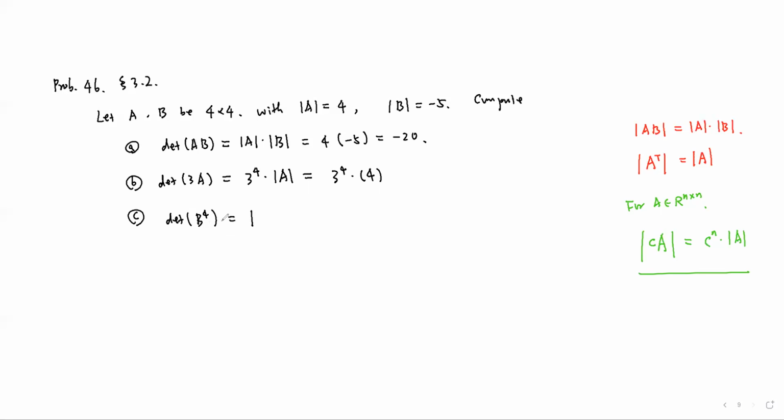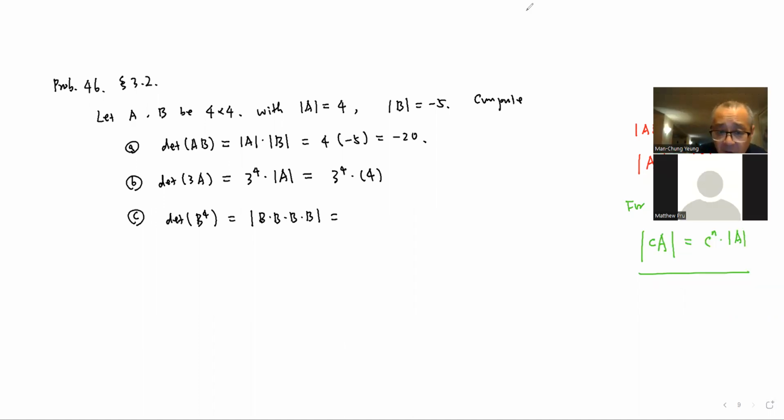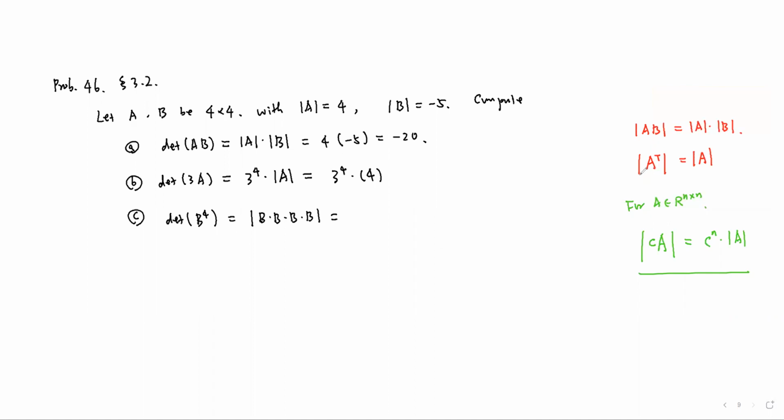B to the 4th means B times B times B times B. By this formula, we have the determinant of B times determinant of B, so it is -5 times -5 times -5 times -5.